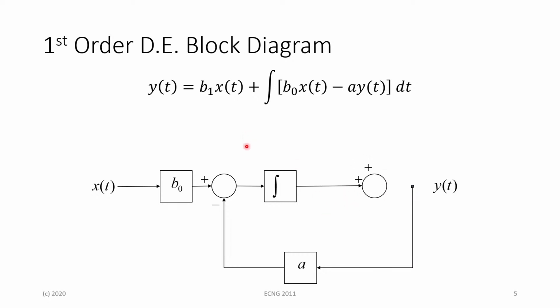The only other component that we need to map now is b1 x(t). We just draw from the x(t) input signal, leaning towards our b1 multiplicative component, and then we add this to the result of the integral of b0 x(t) minus a y(t). And this completes our block diagram.